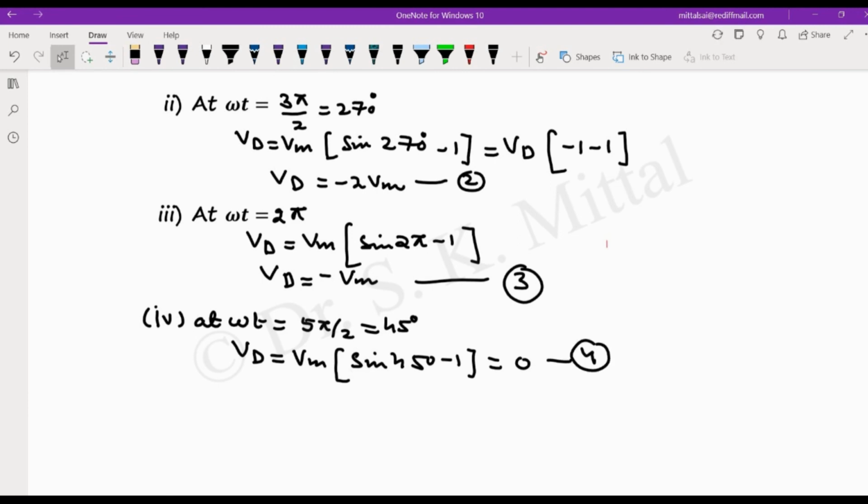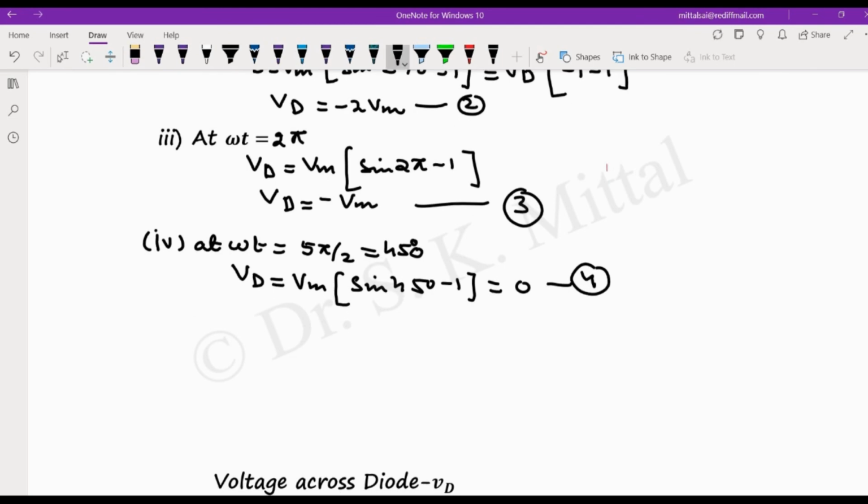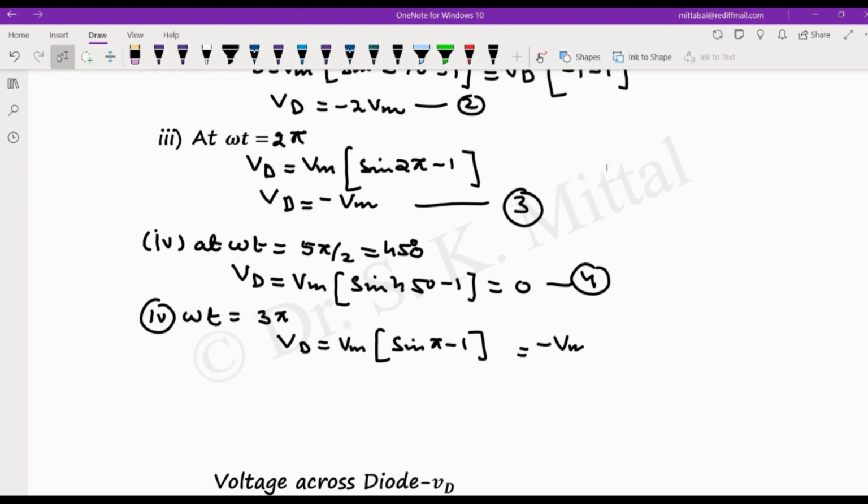Means at omega t is equal to 450 degree, or 5 pi by 2, Vd is equal to 0. Now next point we will consider omega t is equal to 3 pi. And if we put 3 pi, then Vd is equal to Vm sine 3 pi minus 1, and after solving you will get minus Vm.